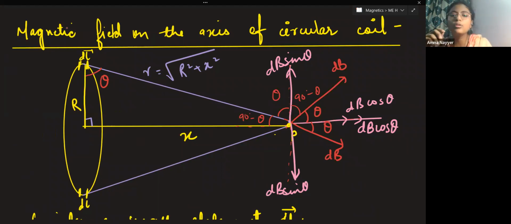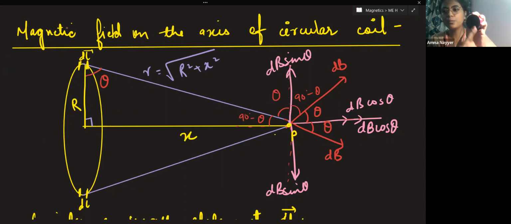This is the resolution of vectors of the magnetic field dB at this point P. Now this is due to just two components dl, which are at diametrically opposite ends. Now you have to see what will happen. This whole resolution will occur for all the diametrically opposite ends. For example, see, this is a circle.